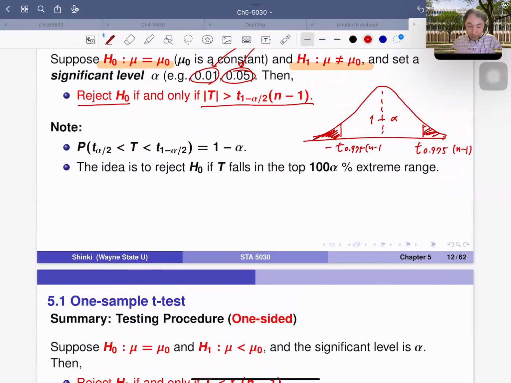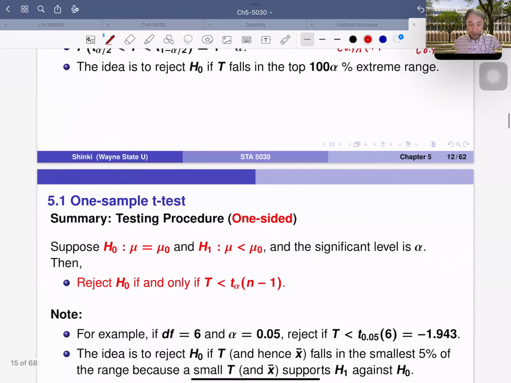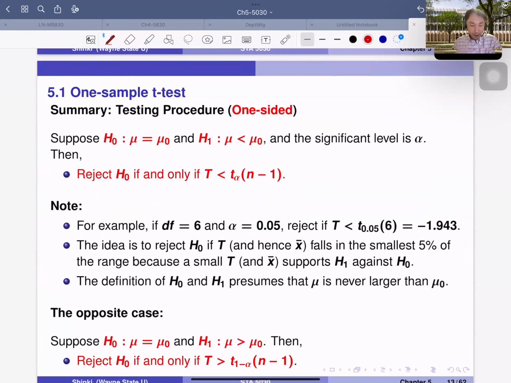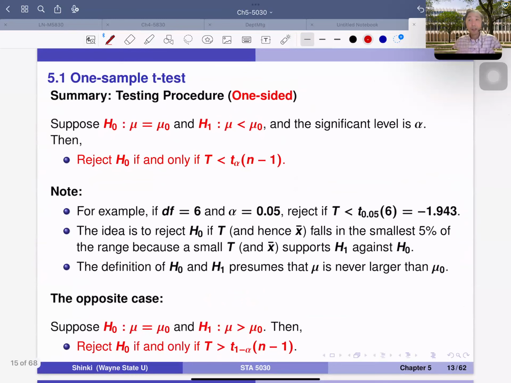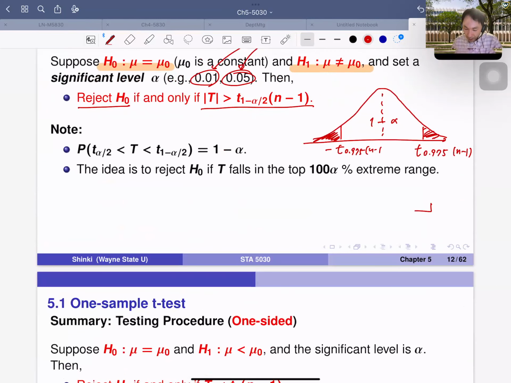If you have to be very conservative, maybe if you are constructing a nuclear power plant or something, then you have to do the test with a very small alpha to support some hypothesis, to support H1.